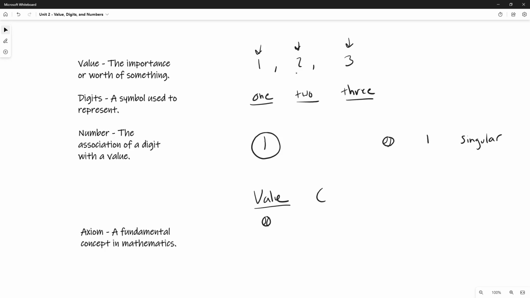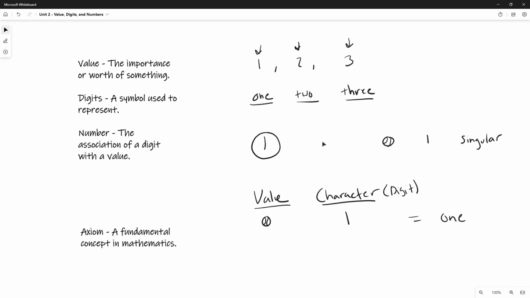The character we use to represent it is this straight line, which we know. And then together, this is what we call the number one, right? So a value with the character, which we'll also call a digit because that's what I've written over here for the definition. But the value combined with the character, also known as a digit, gives us the number one.